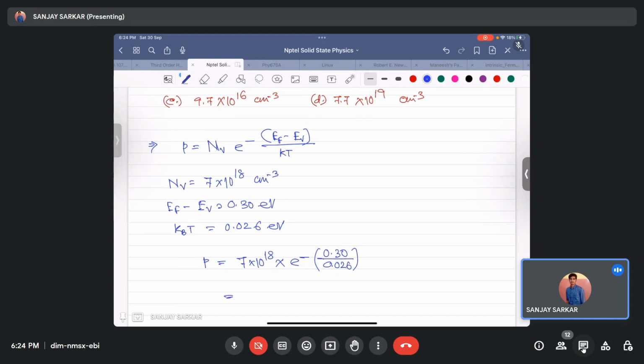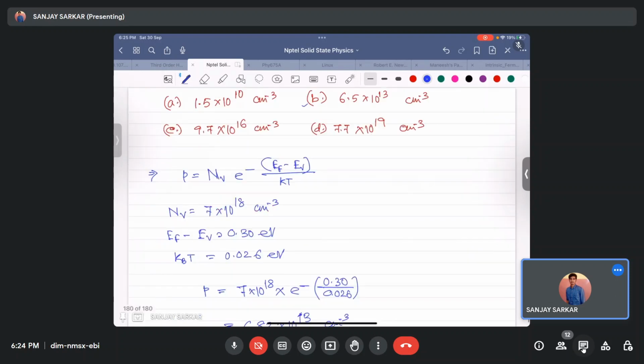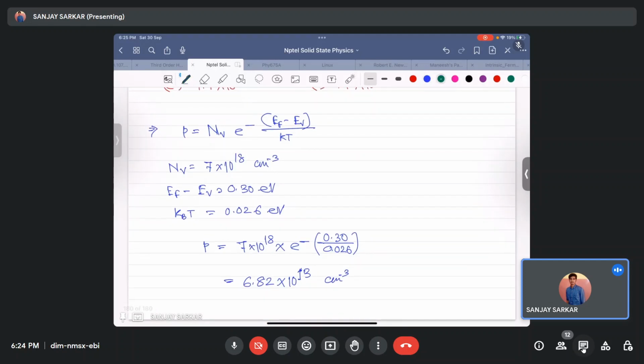The answer to this expression, exponential minus 0.30 divided by 0.026 into 7 into 10 to the power 18, is 6.82 into 10 to the power 13, which is close to option B. So the correct answer is option B.